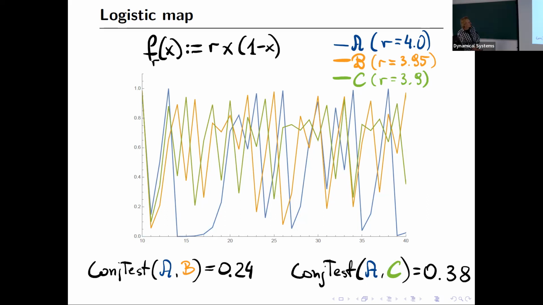So we have 3 parameter values for the classical one, 3.95 and 3.9, and again those time series will desynchronize very quickly.